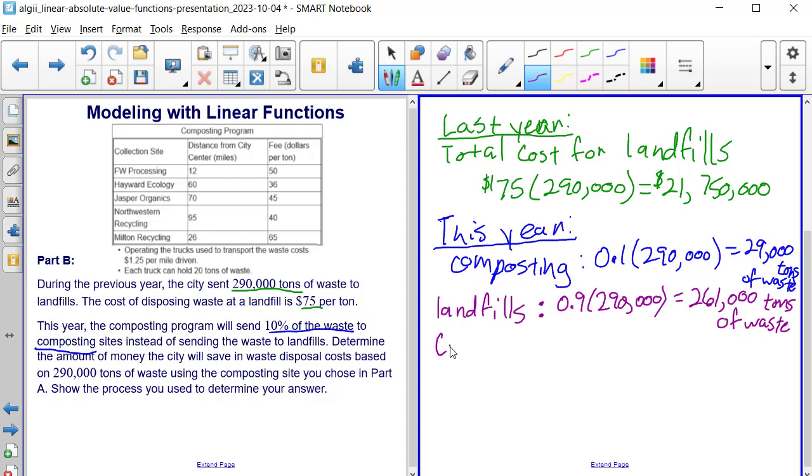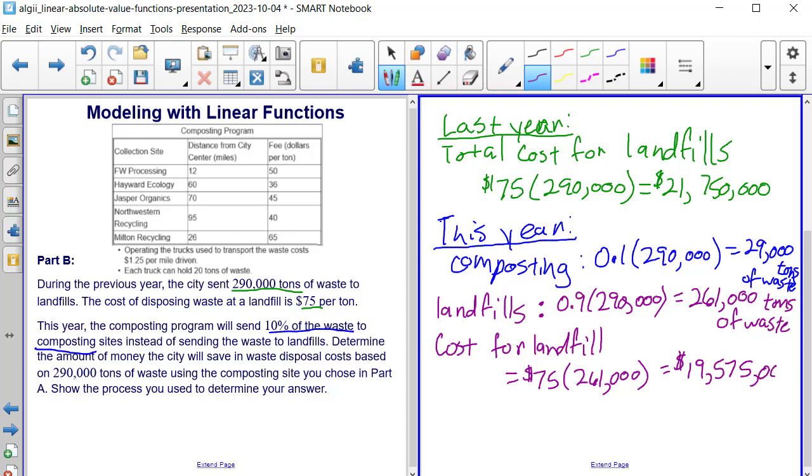So now let's find the cost for sending the 261,000 tons of waste to a landfill. That's going to end up being $75 per ton times the 261,000 tons of waste that's being sent to the landfill, and that's going to end up being $19,575,000.